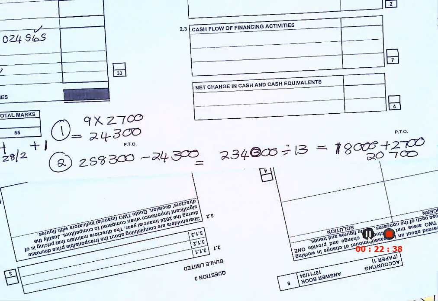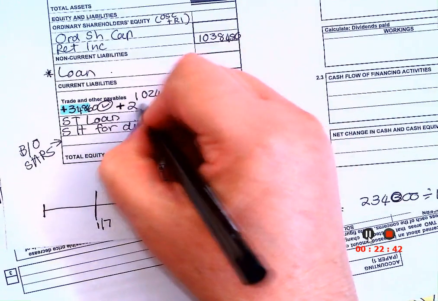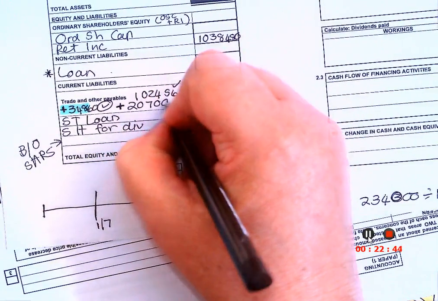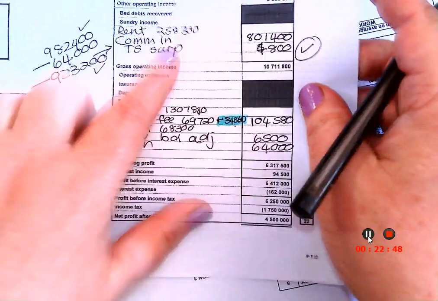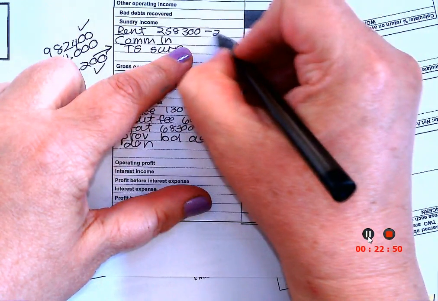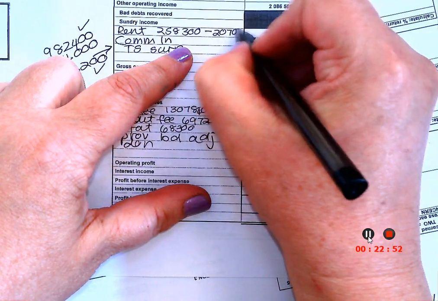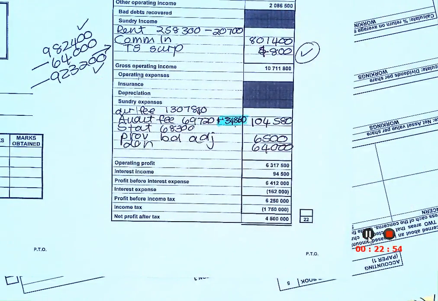So I know that 27 is income received in advance, meaning it's a payable. And I also know I need to subtract it from the rent, because, why? Oh, it's in advance. It's for next year. You're starting to get this. What's wrong?